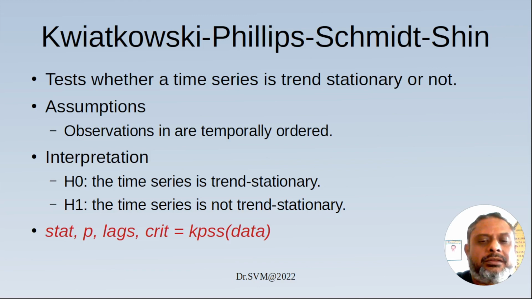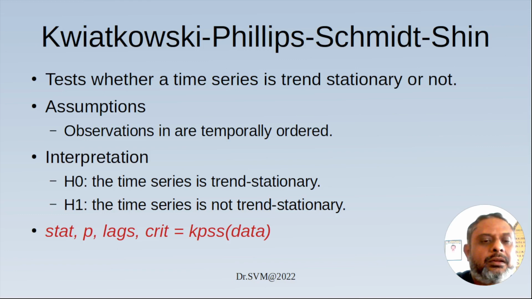So that means it is stationary data. If the p-value is greater than 5%, we declare that it is stationary. So the stationarity is proved, and we can continue using this time series.